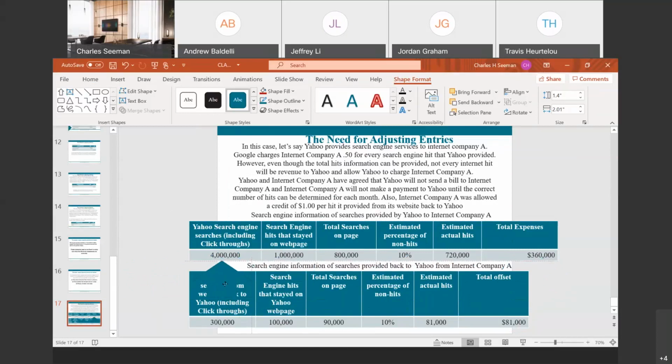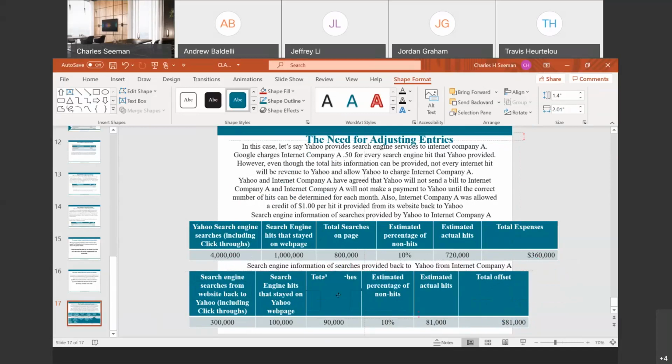So according to the matching principle, I have to match the revenues generated with the expenses in the period in which they happened. So during this month, I'm estimating 360,000. It cost me 360,000 for Yahoo to provide me with searches.